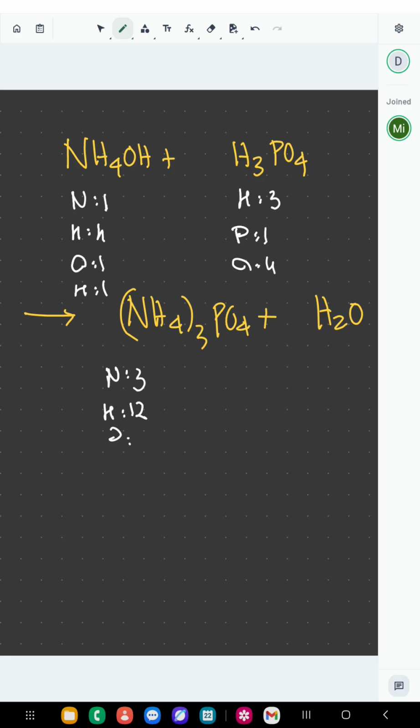Phosphorus 1. Okay, then hydrogen. So where should you start? Nitrogen. You have 3 nitrogen there. That's right. So you multiply everything by 3.